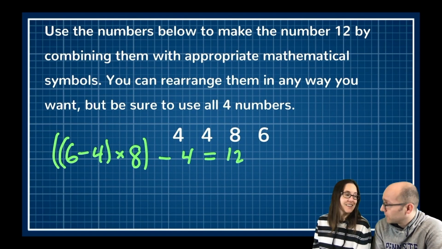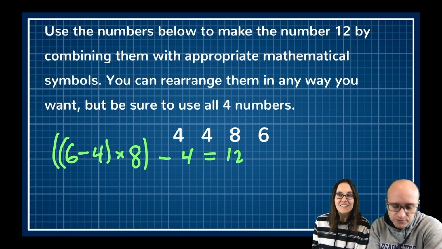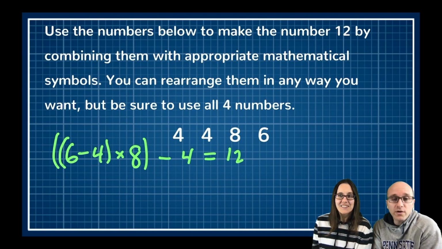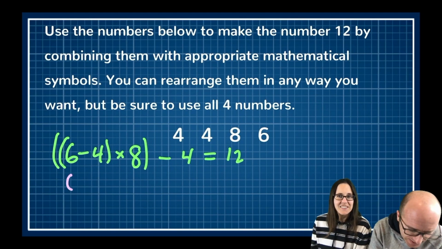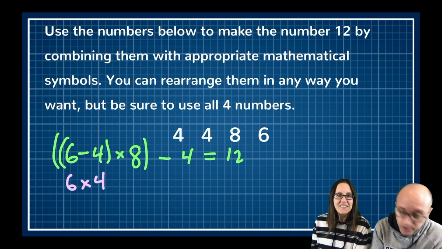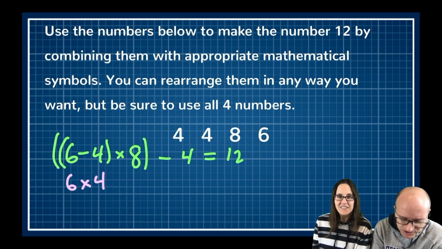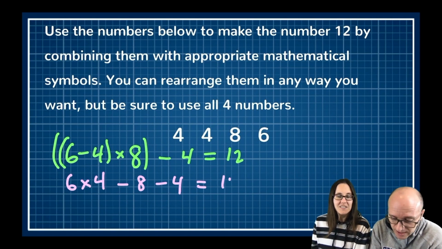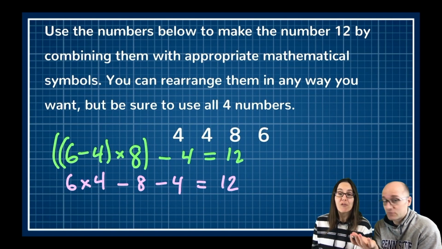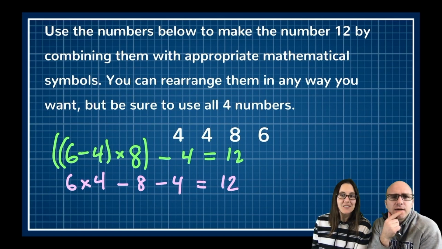Very nice. Well done. I actually saw a couple other solutions that I'll share. One of them was to do 6 times 4, which would be 24, and then subtract 8, and then subtract 4 more. That works out to be 12. Very nice. And I saw yet another way.